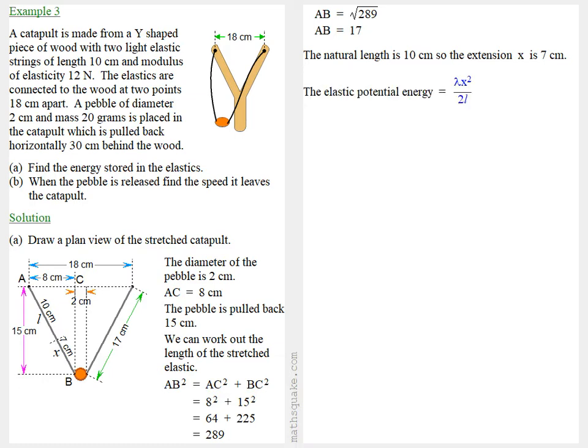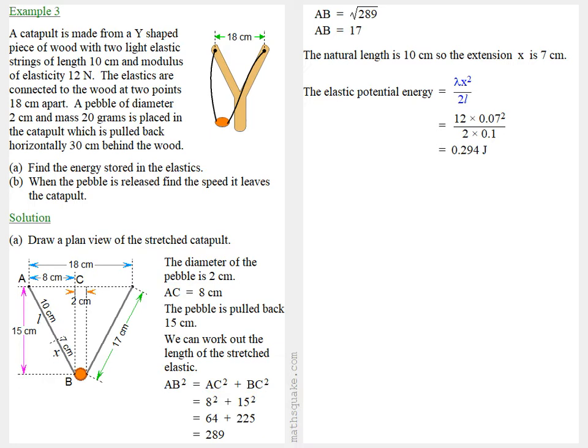Now we know the elastic potential energy is lambda x squared over 2L. Now in this case, lambda is 12, and working in meters, x is 0.07, and L is 0.1. So we've got 12 times 0.07 squared over 2 times 0.1, and that works out to be 0.294 joules.